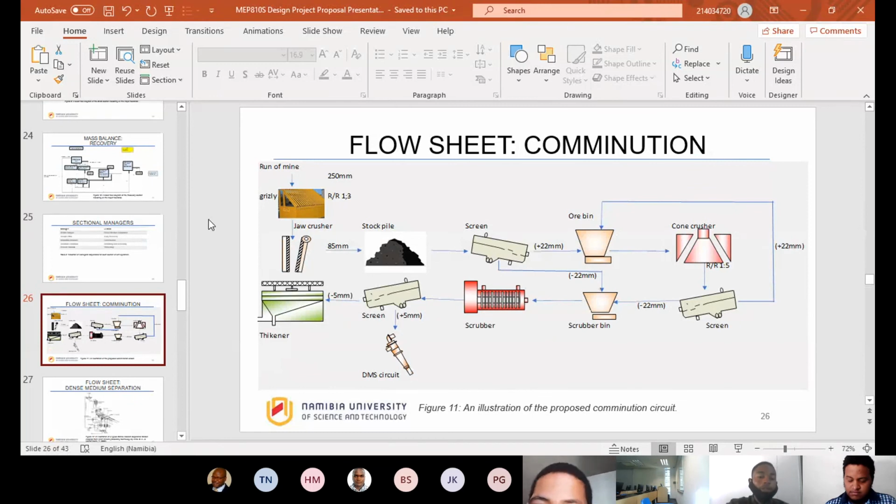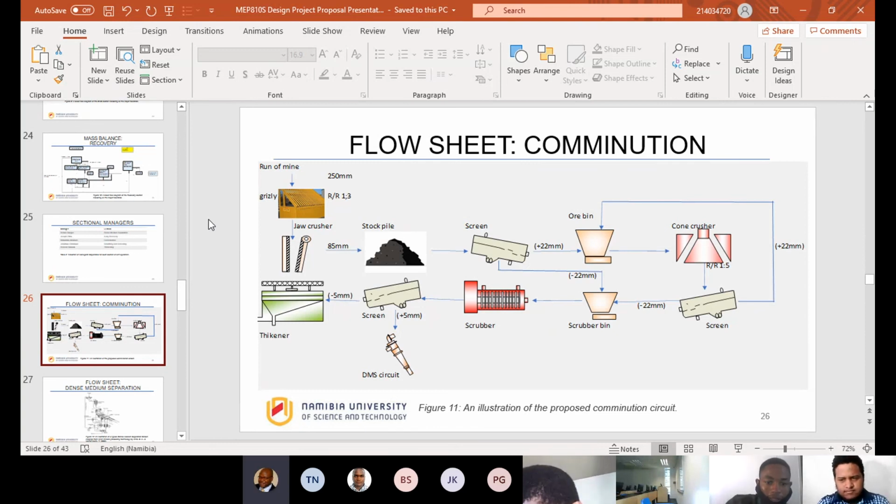In the design problem, we see that the particle size distribution and the grade of the ore was normally distributed, between minus 3 millimeters and plus 30 millimeters.